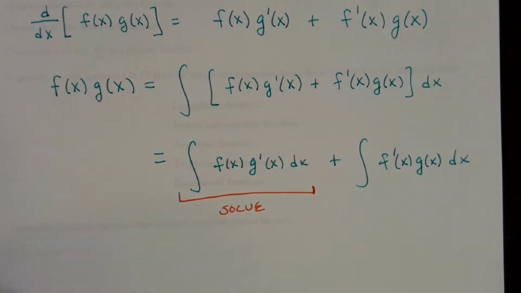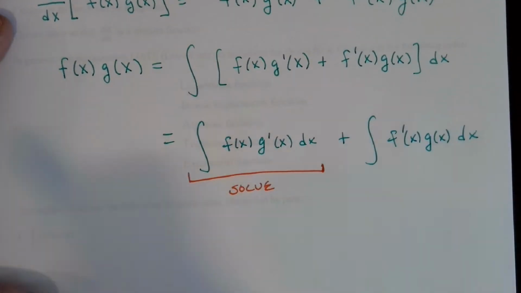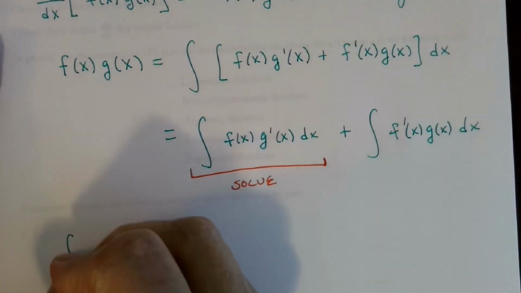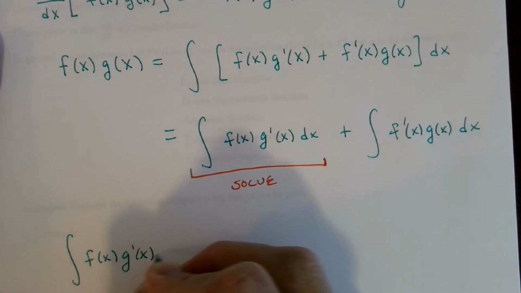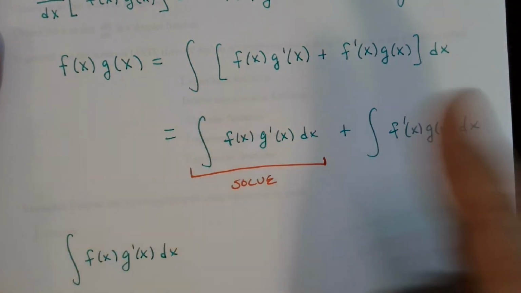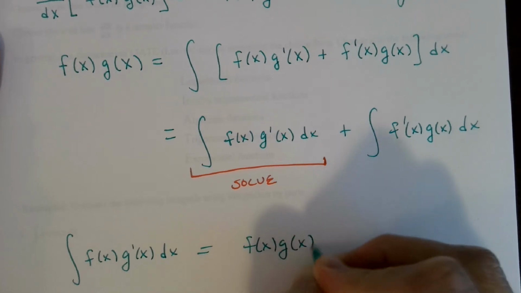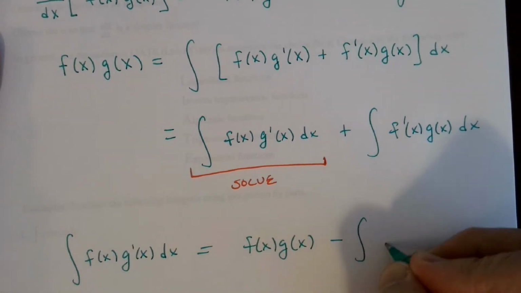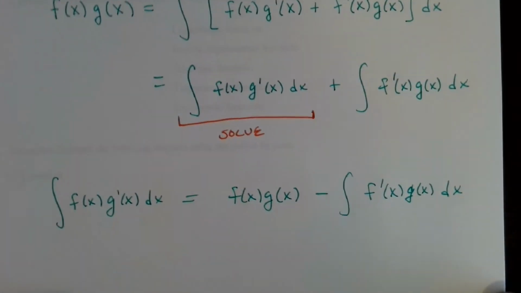So I'm going to subtract this integral from both sides, and let me swap sides. In other words, I'll have the integral of f of x g prime of x dx, solving for this one, is equal to this minus that one. So it's equal to the product f of x times g of x minus the integral of f prime of x g of x dx. And so this really here is integration by parts.